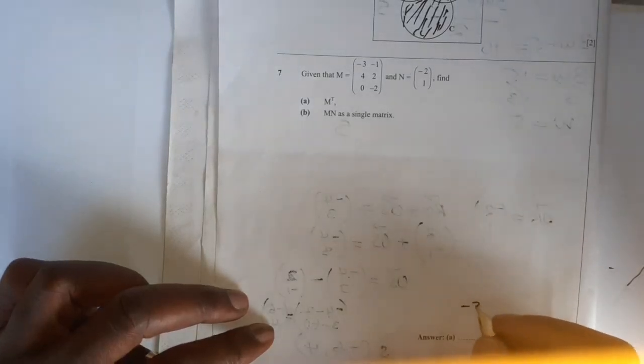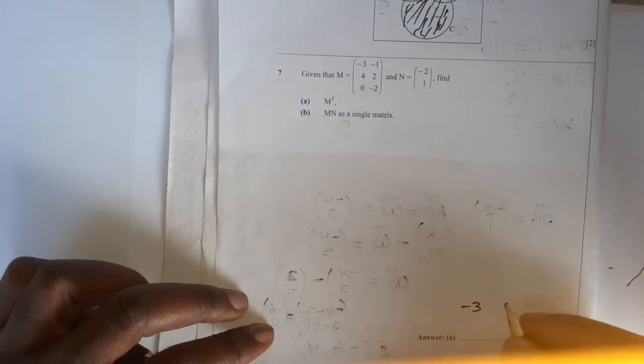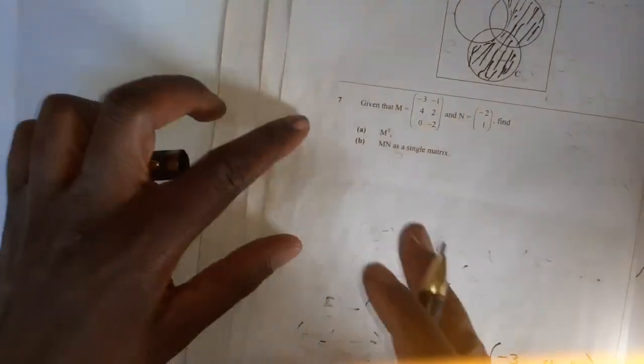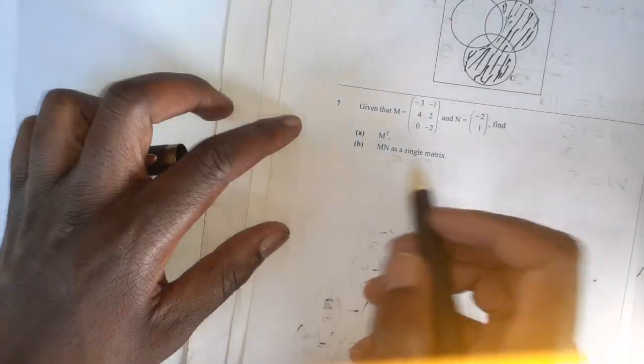The answer is -3, 4, 0, -1, 2, -2. This is what we're going to get as our answer. Then we proceed. This one, we need to multiply these two matrices.